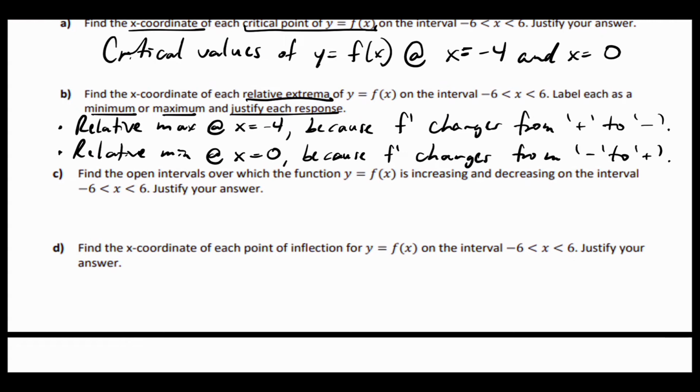Okay, so next one. Where is f increasing? Where is f decreasing? What do I need if I want to find out if f is increasing or decreasing? It's increasing whenever the graph is above the x-axis. That's not the definition. What is the definition of increasing, decreasing? When the derivative of f, or f prime, is positive, right?